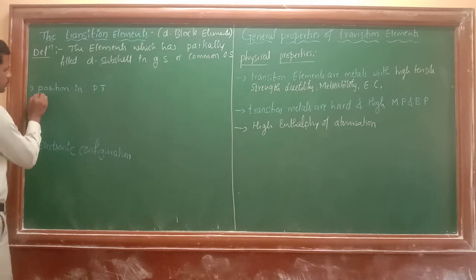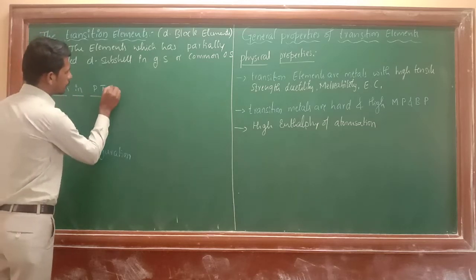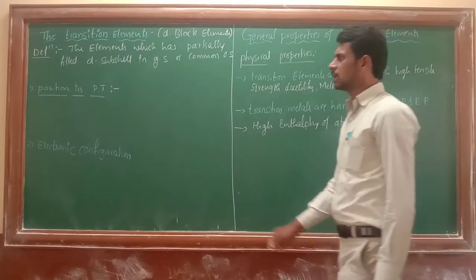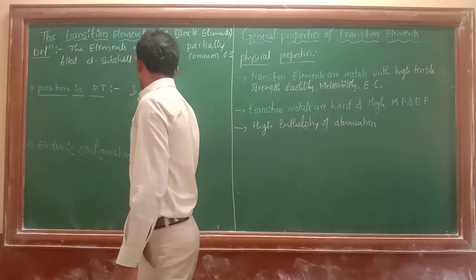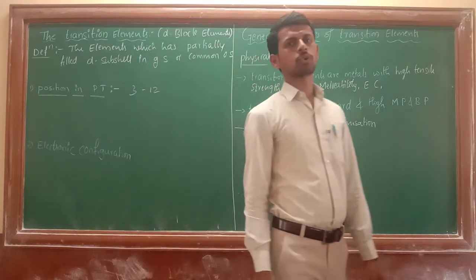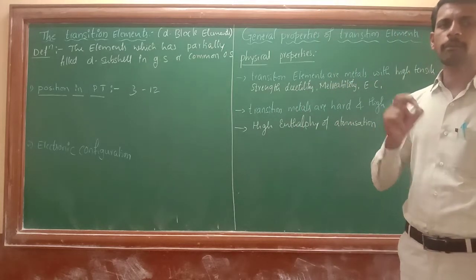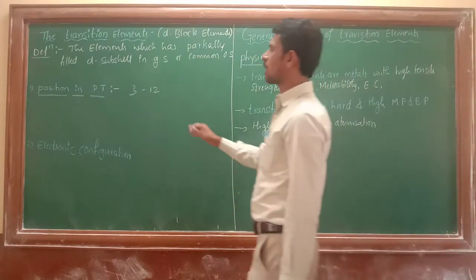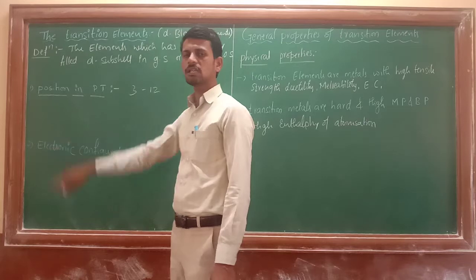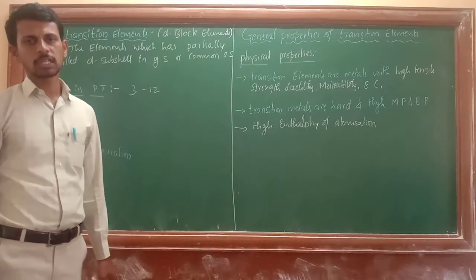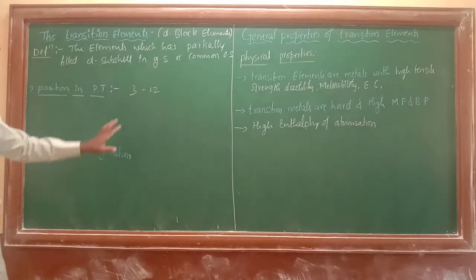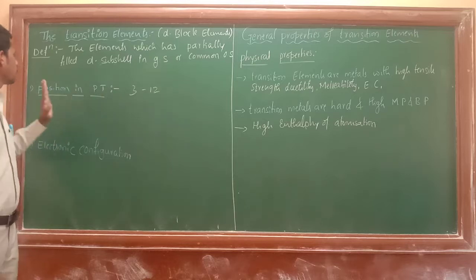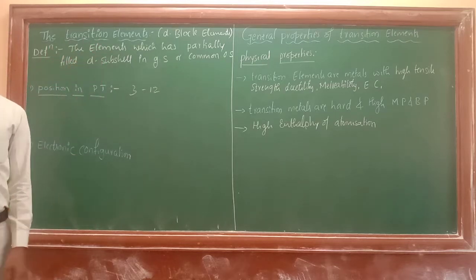Then come to the next point, that is the position in the periodic table. You already know that all the elements present in groups 3 to 12 belong to the D block, or these elements are the transition elements. There are totally 40 elements.